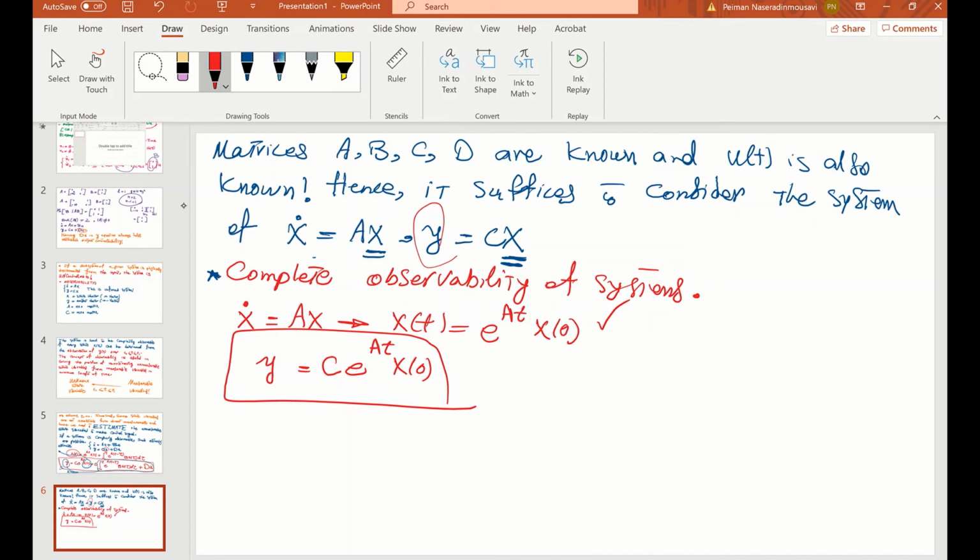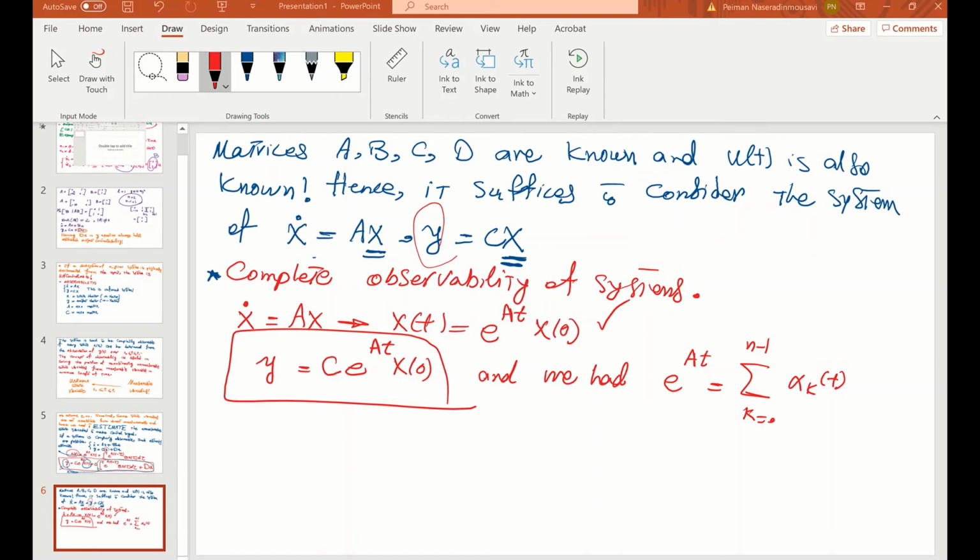And also you had in your notes, and we had, matrix exponential, remember, was the sum of k from 0 to n minus 1 of alpha k of t, as a function of time, A to the power of k. Remember that we got from the Sylvester relation.